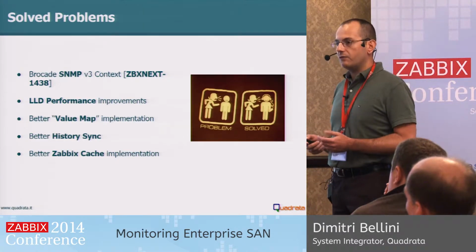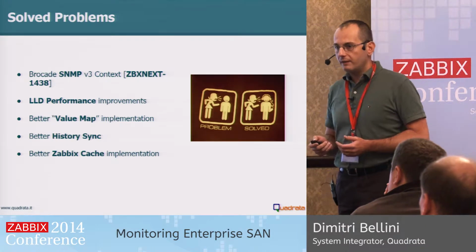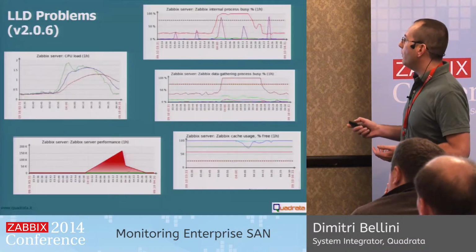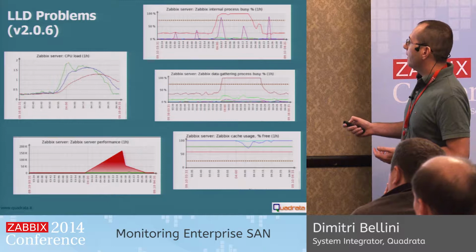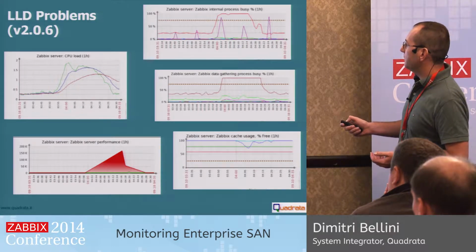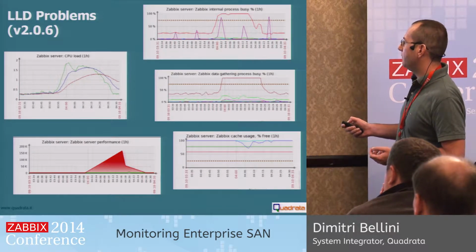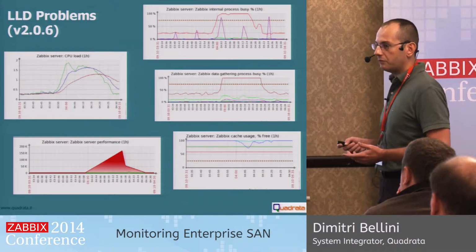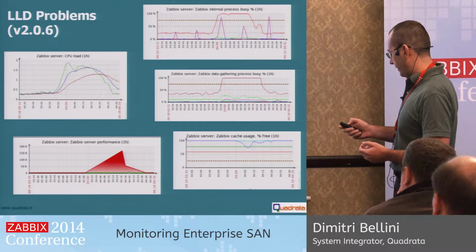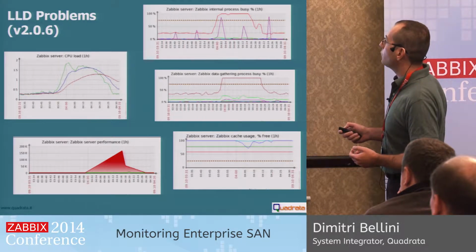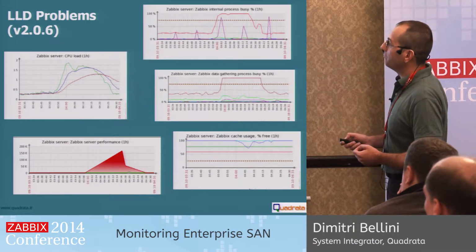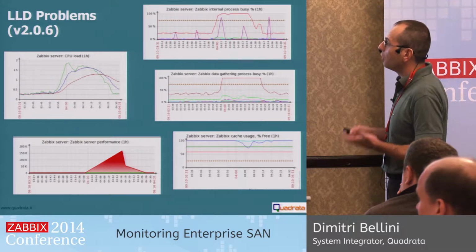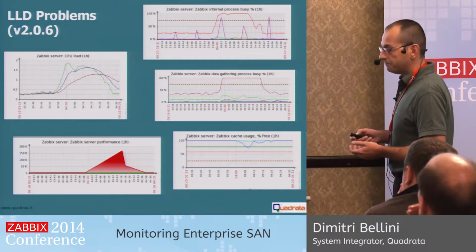The performance is very good for low-level discovery. We don't use so much CPU. Usually we have 4% usage of the poller, so not so much, and usually we have a very low CPU load.